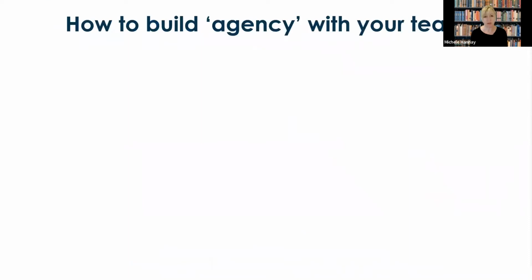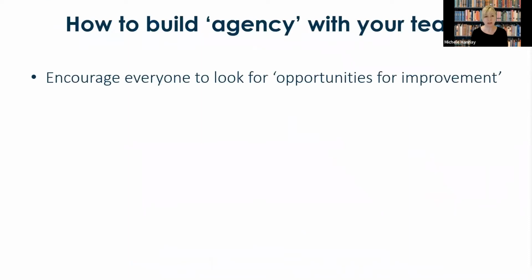So there's a few tips for building agency on your team. And the first is to look for opportunities for improvement and make that part of your culture. So encourage everybody to always be looking for ways to make things better. And so, if people do see opportunities and they bring them forward and they're met with, no, we don't have time to do that. No, just carry on as things are.